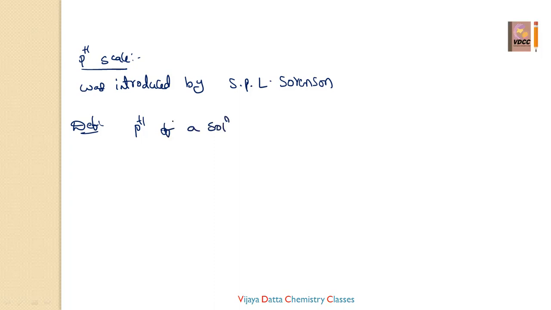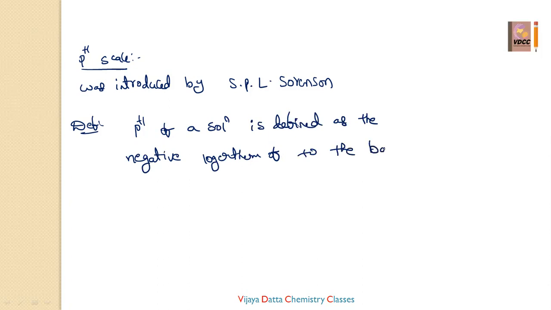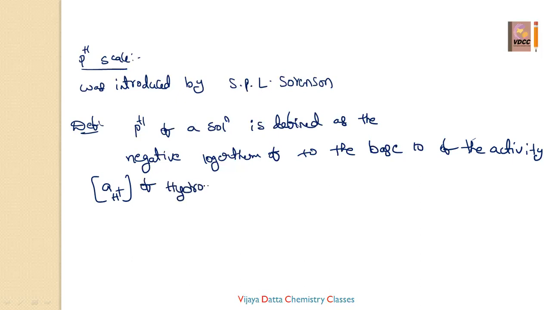pH of a solution is defined as the negative logarithm to the base 10 of the activity of hydrogen ion, a H plus, the concentration of hydrogen ion actually. This is the definition for pH.